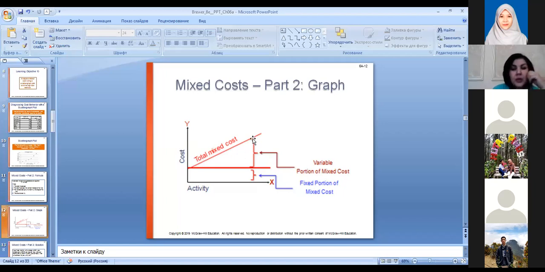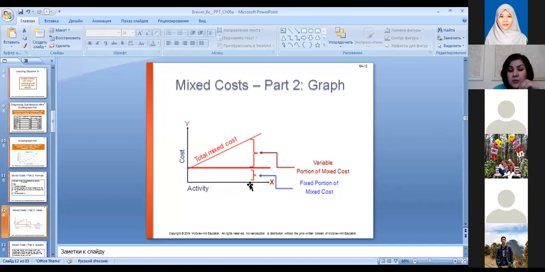So how to find out the slope? If the difference in y, let's simply say that this cost, the amount of this variable cost, we divide by the activity level.